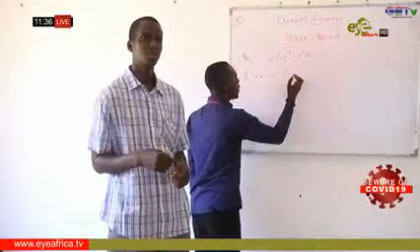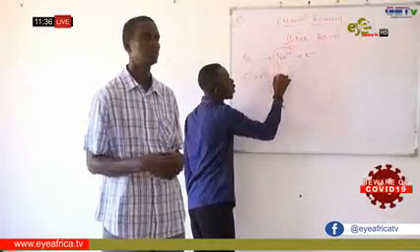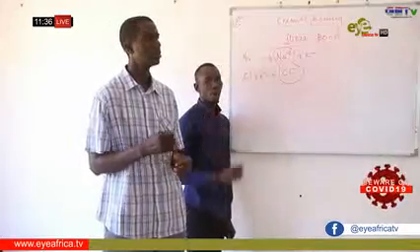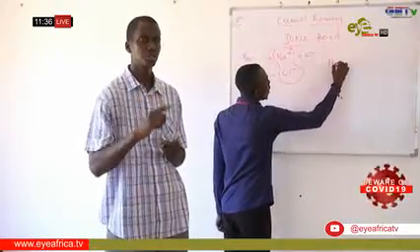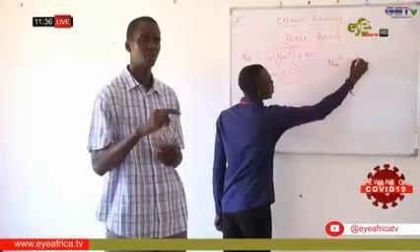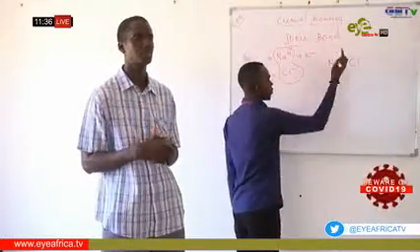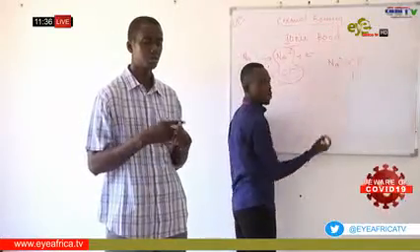Now that is the electrostatic force of attraction between this sodium ion and this chloride ion, which now results in the formation of what? Of ionic bonding. That is, you can have something like this, Na plus and Cl minus. This plus 1, still 1. This minus 1, it is still 1.